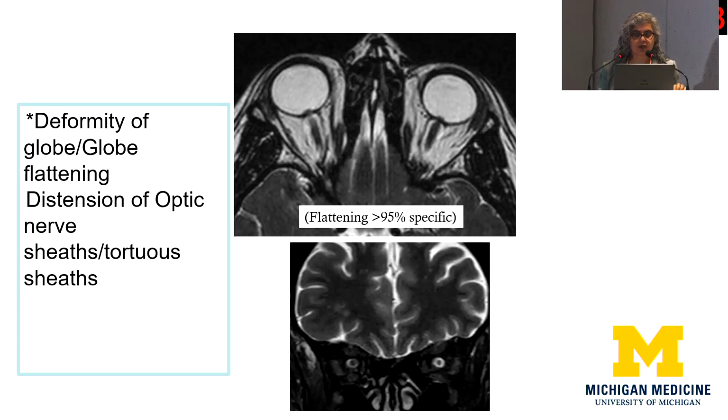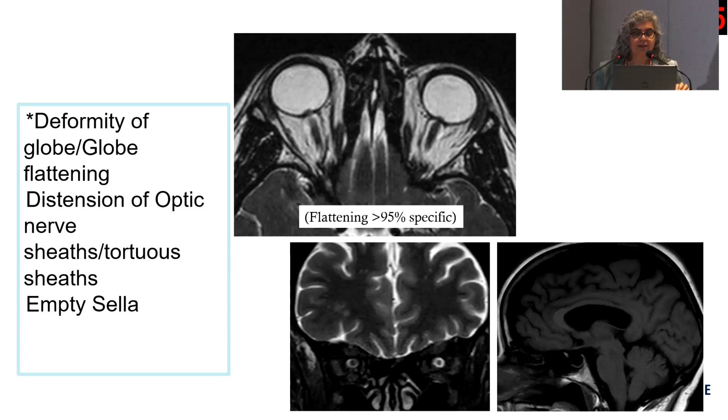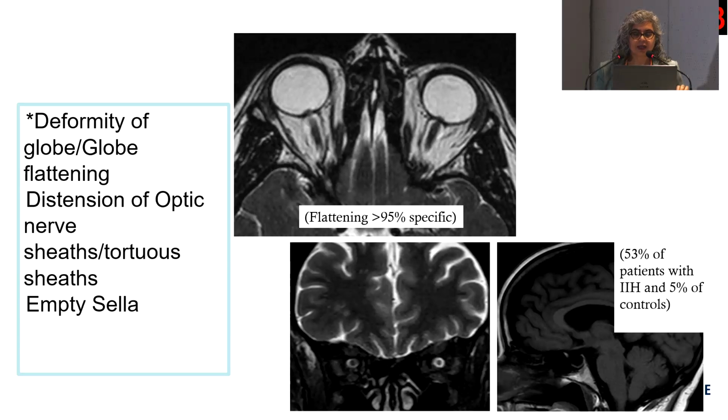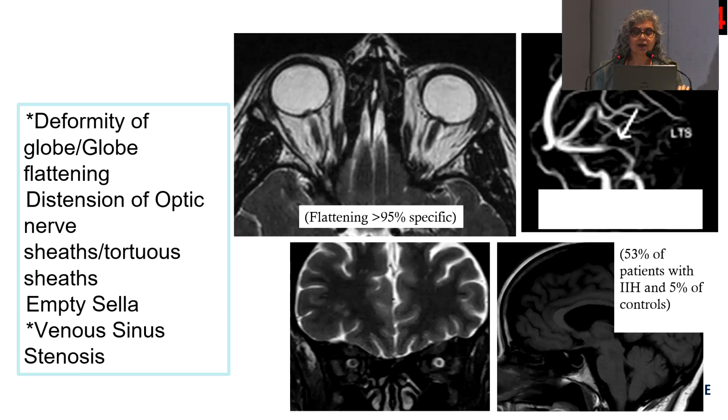That's a hard one to call by the radiologist as well. The empty sella is frequently seen in patients, but also seen in controls. Then there is venous sinus stenosis, which is actually seen in a high proportion of patients with IIH and is quite specific, not seen in controls.